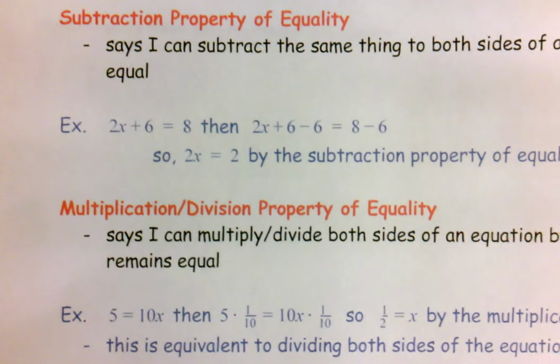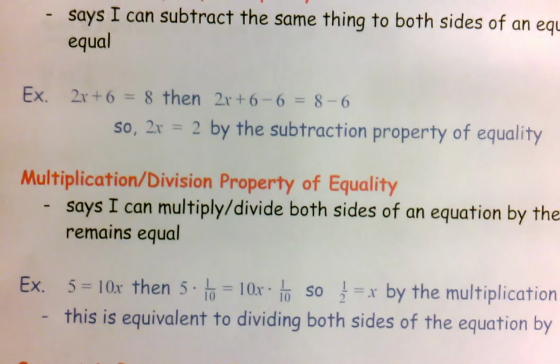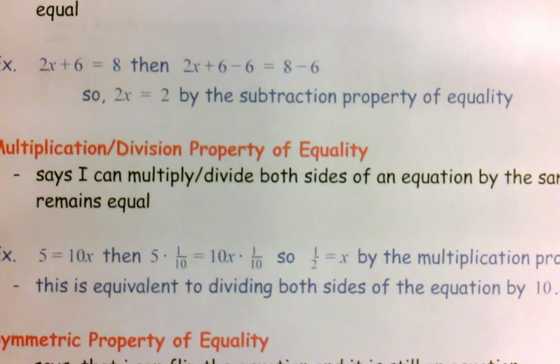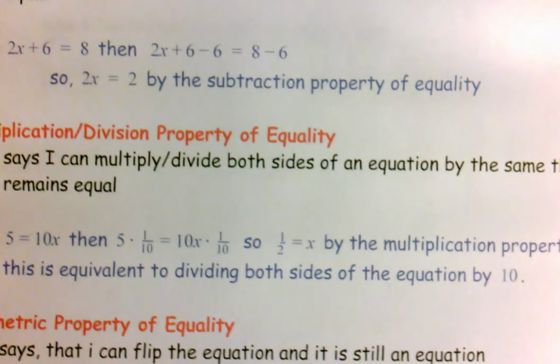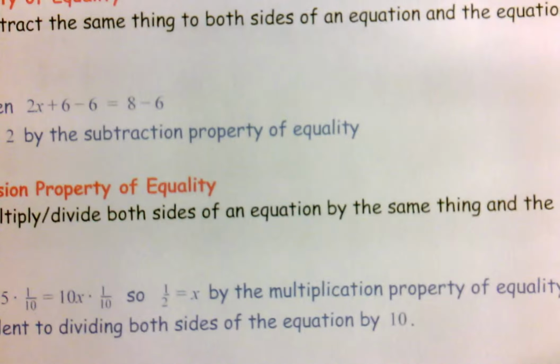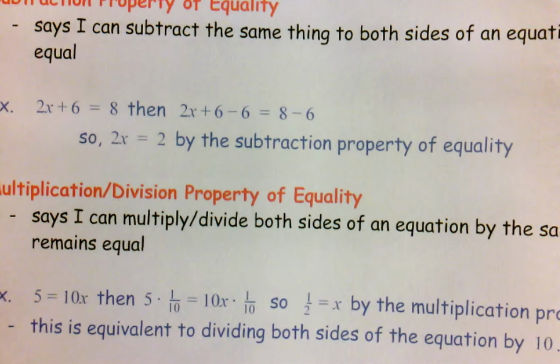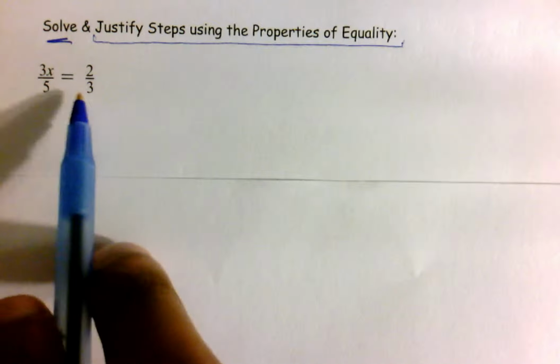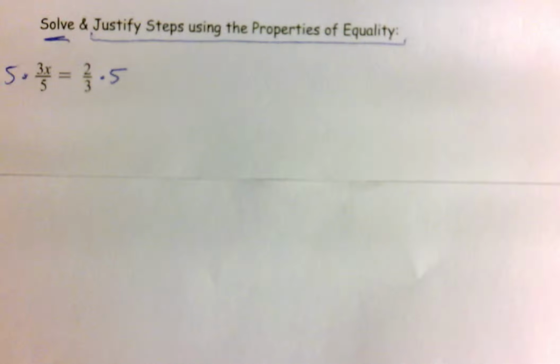If I look at my multiplication division properties of equality, it says that I can multiply or divide both sides of an equation by the same thing and the equation remains equal. So I'm going to use that one. For this one, I'm going to multiply both sides by 5. So I multiply this side by 5 and this side by 5.